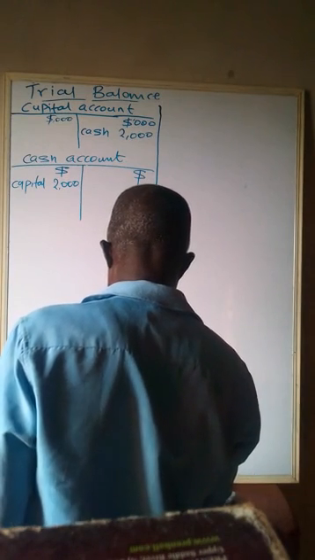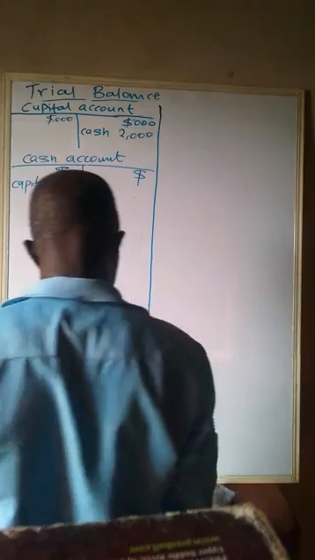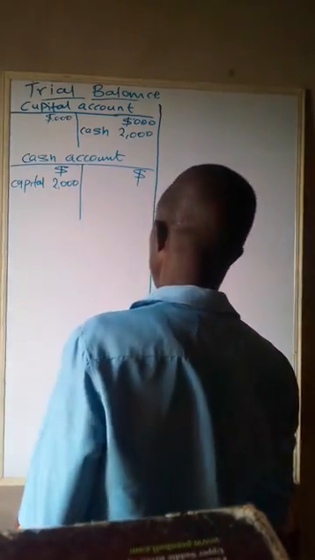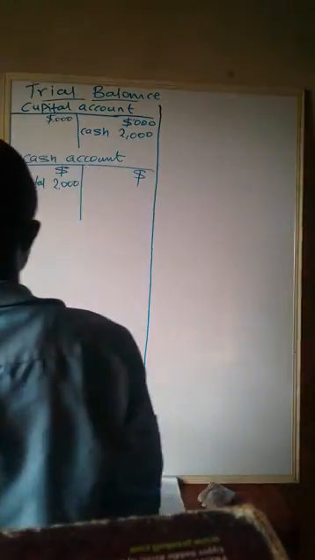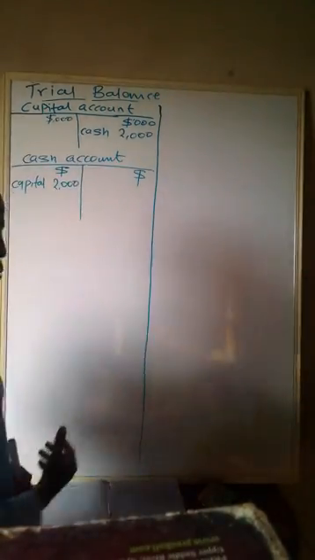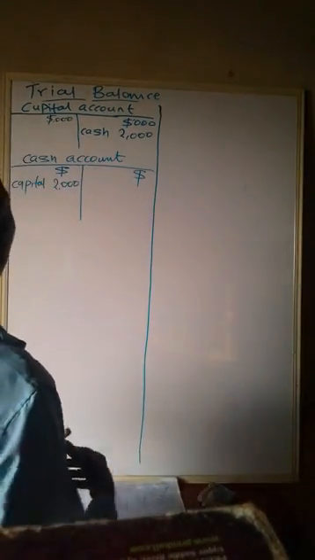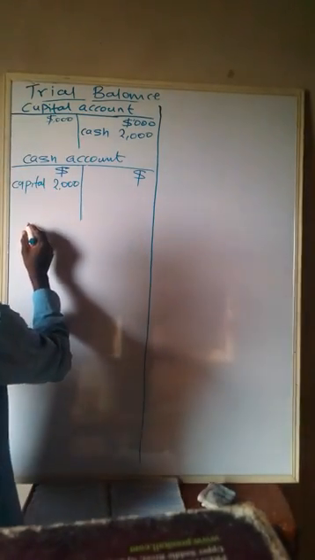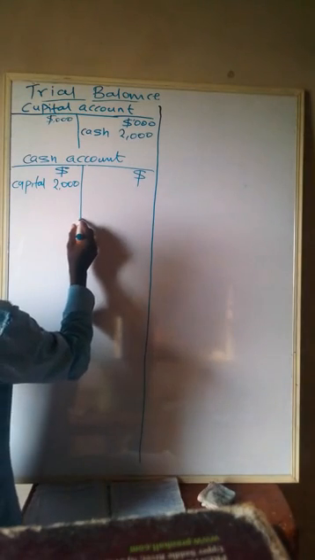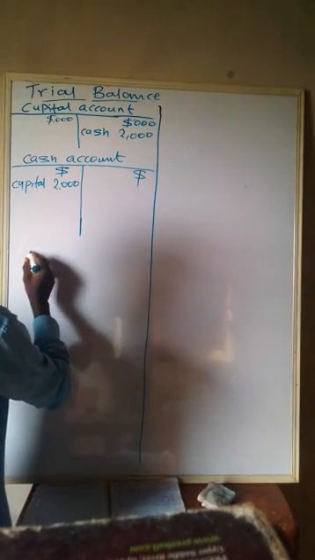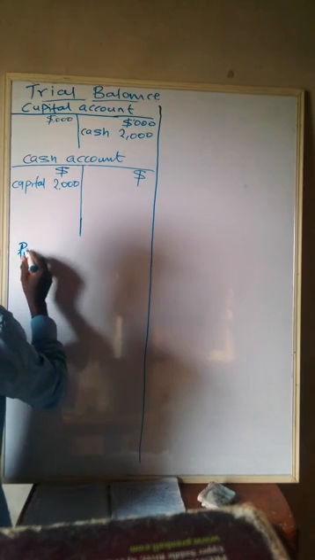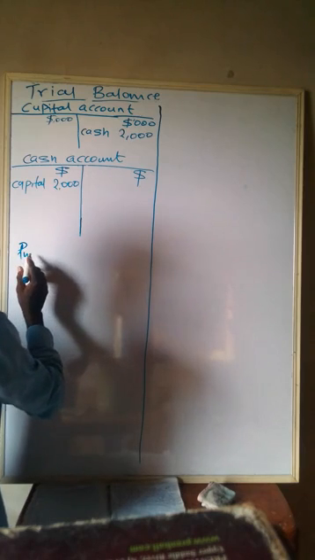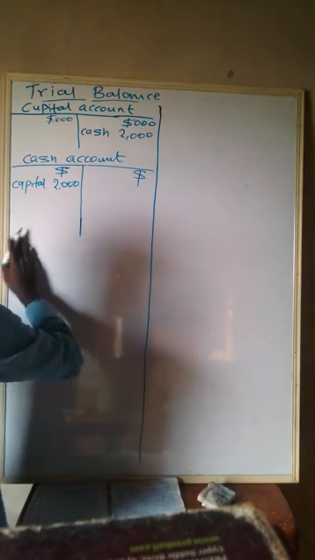Next, May 2nd, bought goods on credit from K. Joe, $350. As you have been told many times, when you buy goods, that is the purchases account. Let me bring this down a bit. I open my purchases account.